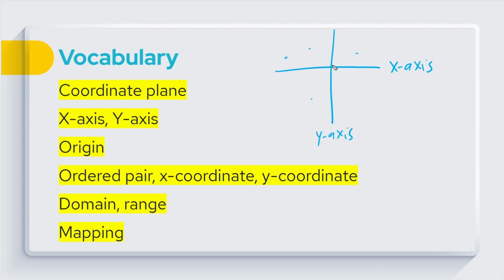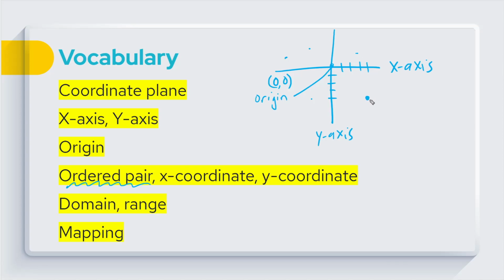Where the two axes meet is called the origin. The origin's ordered pair is 0, 0, which is the next vocabulary word, ordered pair. An ordered pair is simply the x and y coordinate of a point on the coordinate plane.